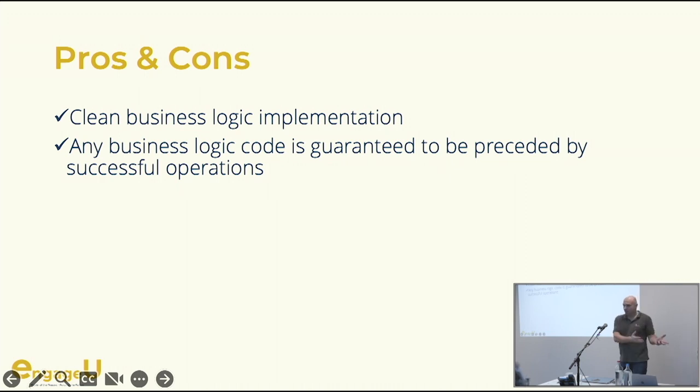In the case of bubble up or errors as results, you don't know whether a developer might have forgotten to handle a possible return value. So exceptions are a safe way. If your code runs, you know everything before succeeded.